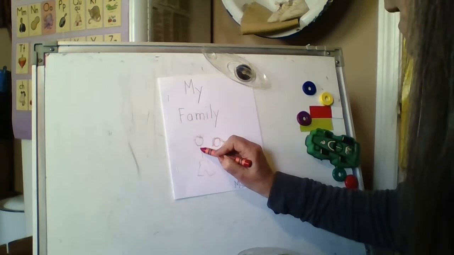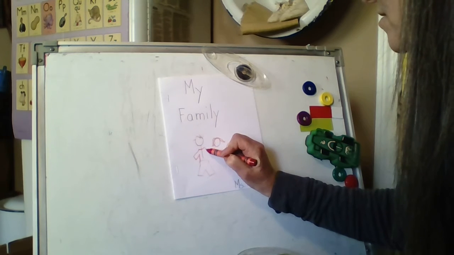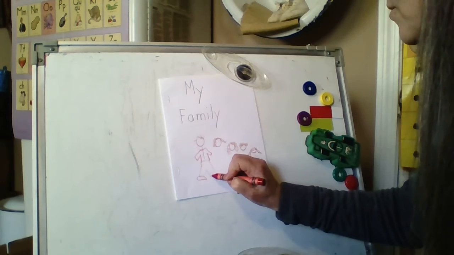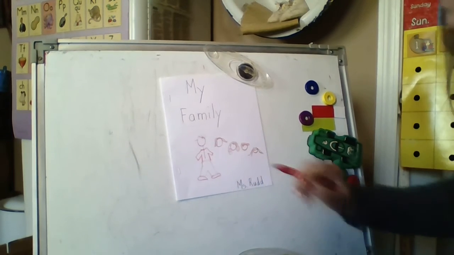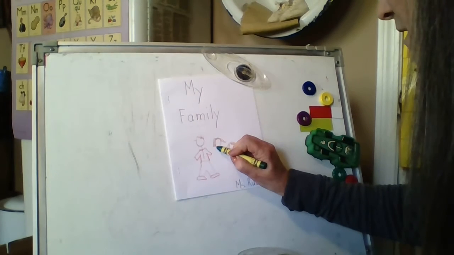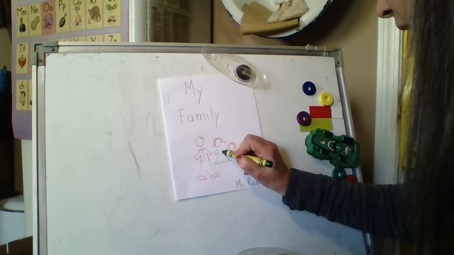I'm going to give my dad a red shirt. Now remember, I'm going to give him red shoes too. We do the best we can. And I think I'm going to give my mom, she used to like to wear dresses. So I'm going to give her a dress.